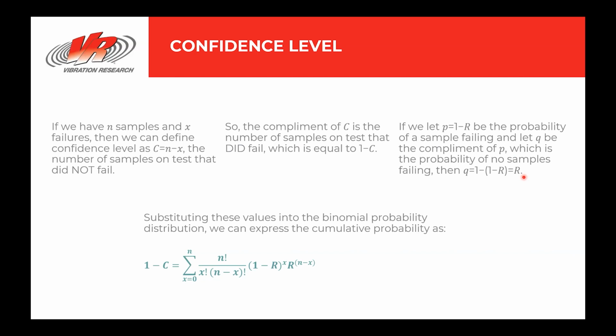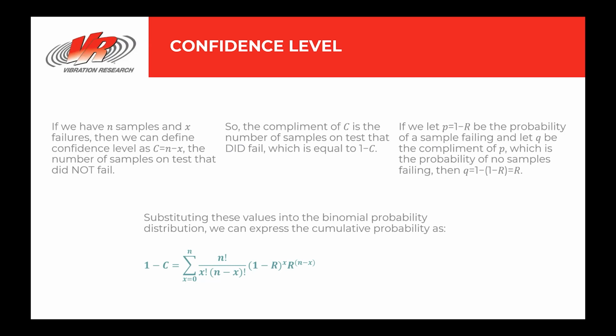So that would be the producer doesn't want to overestimate reliability. And it balances it with the consumer's risk, because the consumer doesn't want us to underestimate reliability either. So we use 50% typically for that purpose. So the complement of C, our confidence level, is the number of samples on test that did fail, which is equal to 1 minus C.